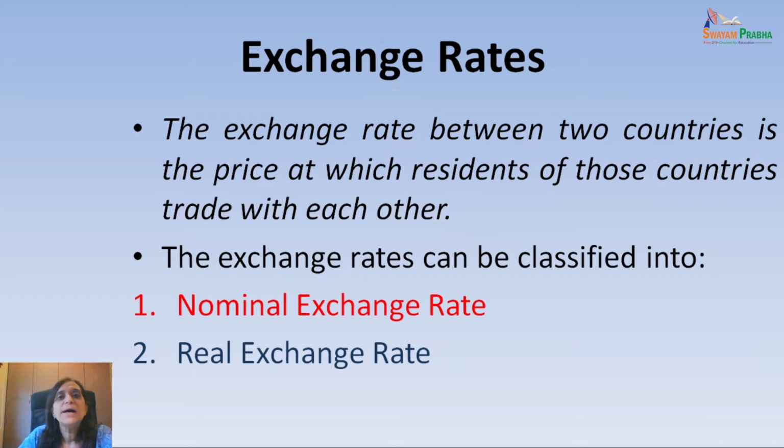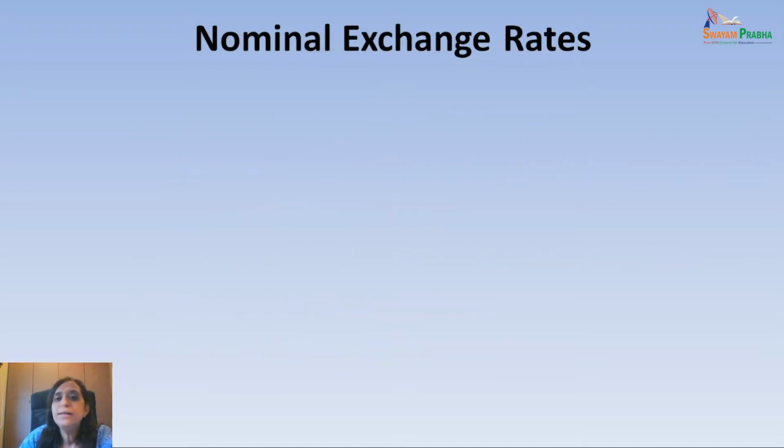That is, you are converting currency of one country into the currency of another country, and the rate at which this conversion is taking place is known as exchange rate. Now, these exchange rates, as we have just said, are classified into nominal exchange rate or real exchange rate. So, these are the two broad types of exchange rates which we will be discussing in this lecture. Now let us go to what is a nominal exchange rate.